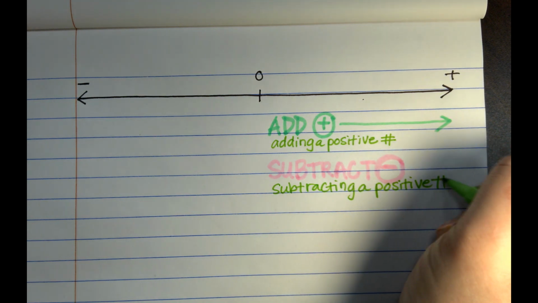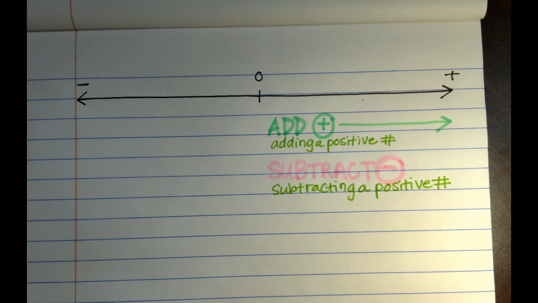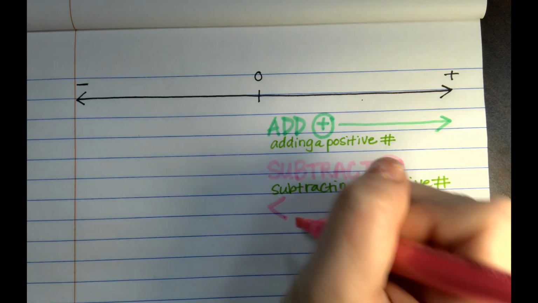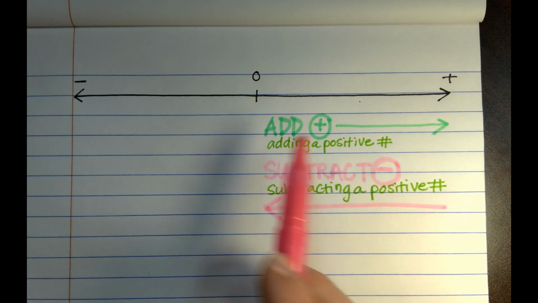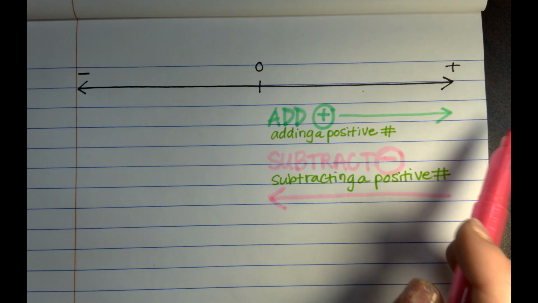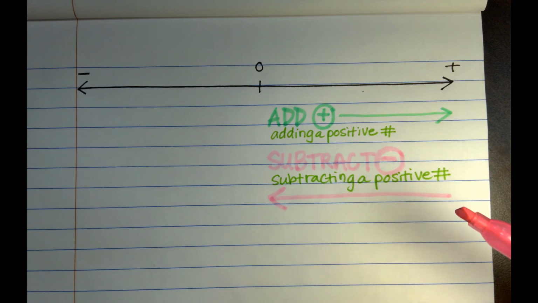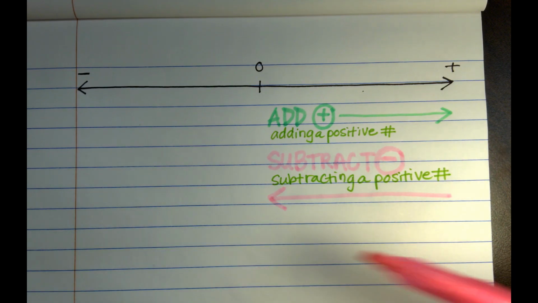We did this in Mr. Dave's room. That's funny. The steps always get me. And that's okay. We can review as much as we need. So when you add a positive, we go to the right. When you subtract a positive, we go to the left. And then we'll talk about negative numbers.